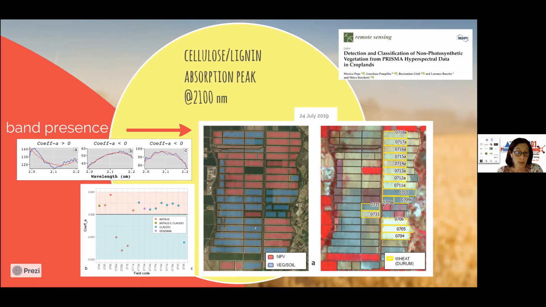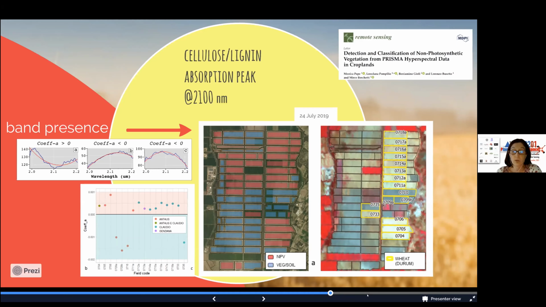Everything was correct, and both dots, which have a negative A coefficient, correspond to fields that were already tilled, and so it is correct. It's soil, as it's not NPV.